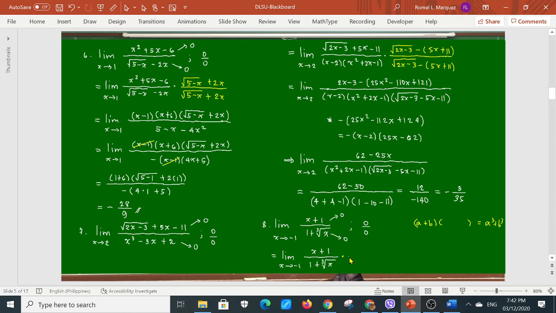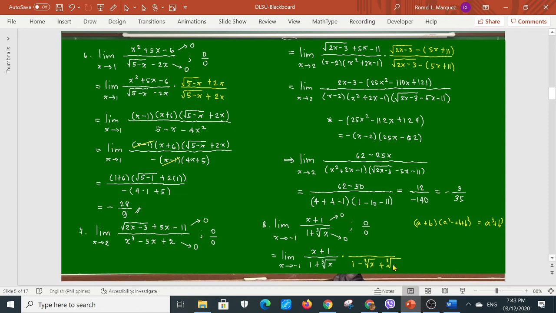So the multiplier, children, is what? What is the other factor of this? It is a squared minus ab plus b squared. Okay, guys? What is a? 1. Then, a squared, which is 1 squared. Then minus the product ab, so minus the cube root of x.